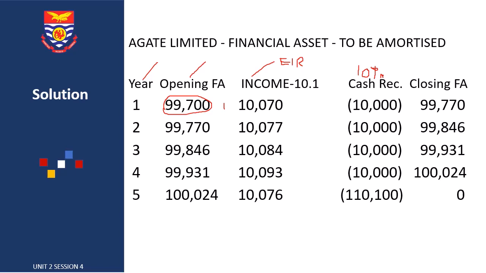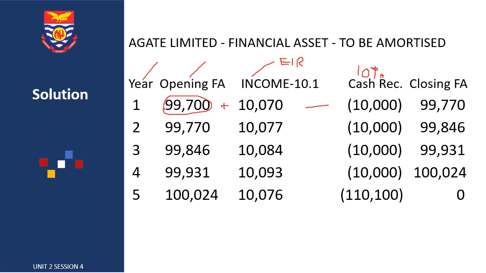To get the closing financial asset, it is the opening financial asset plus the effective interest rate, which is the income, the interest you have computed based on the market rate. Then you take out the cash you have received, or the coupon you have received. So you have 99,700 plus 10,070 minus 10,000, giving us 99,770.